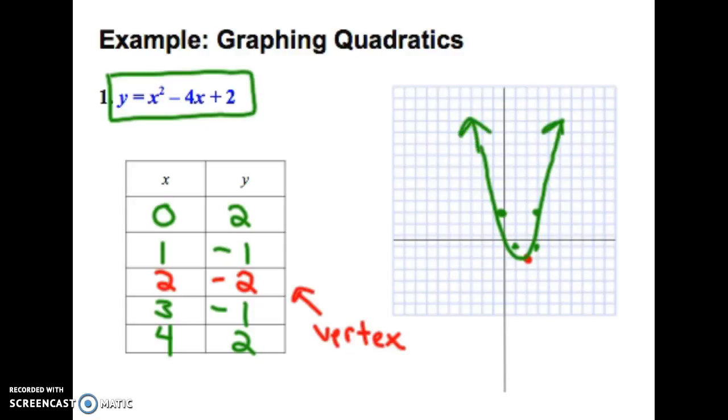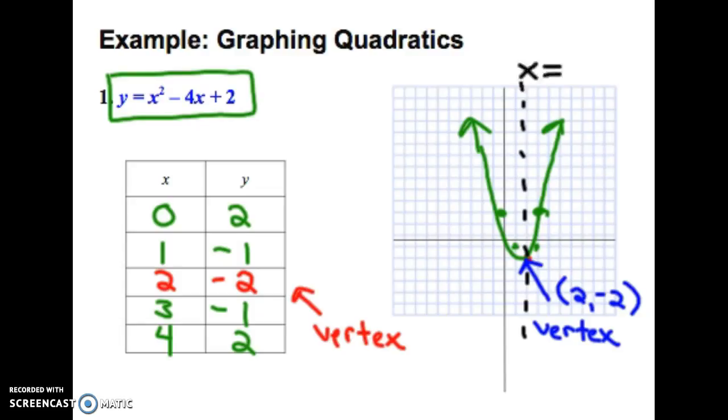But your parabola should look something like that. And so I'm going to go ahead and label my vertex. I'll draw my axis of symmetry, which is x equals 2.